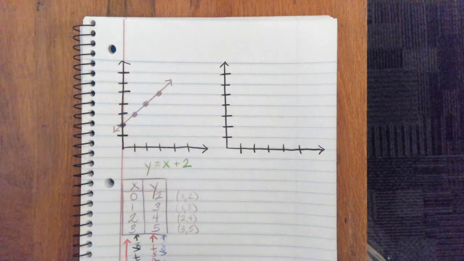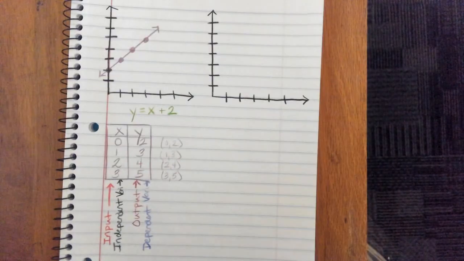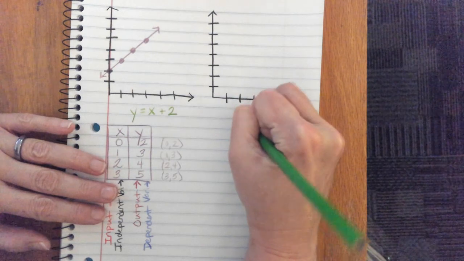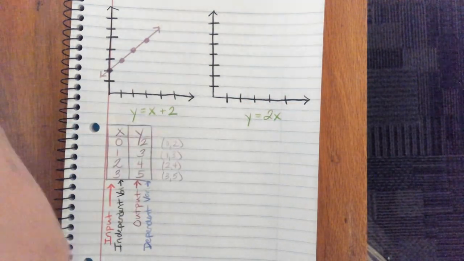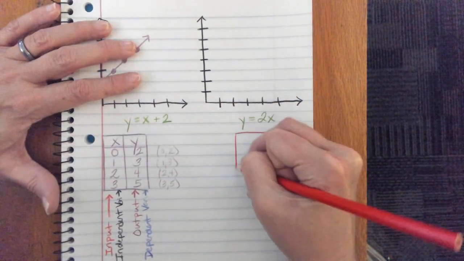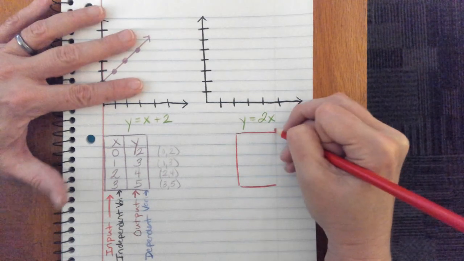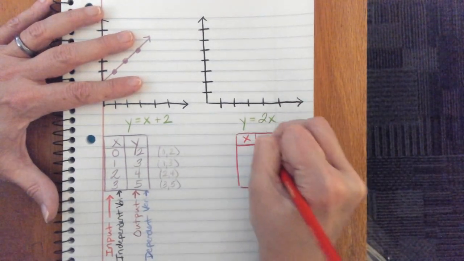Now, next to this, I'm going to recreate my y equals 2x. So I'm going to make my table again, and I'm going to think about my x and y.